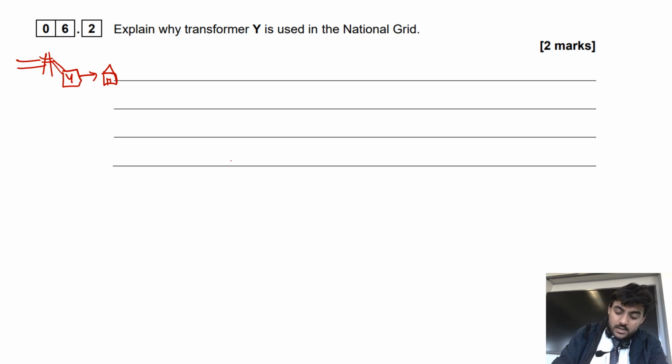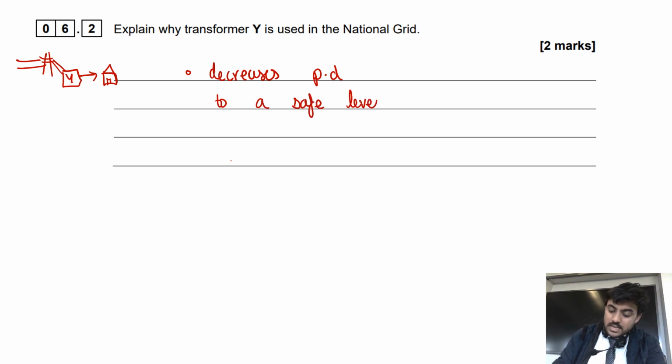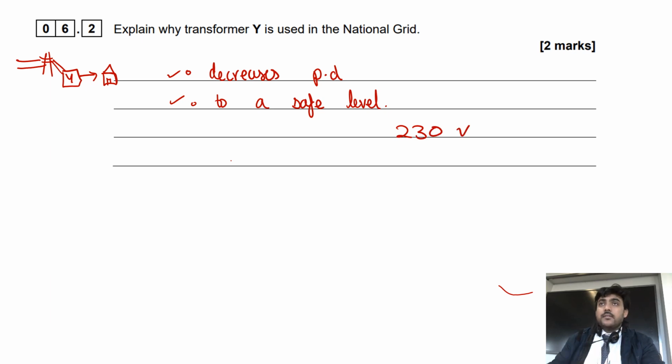So transformer Y decreases potential difference to a safe level or a safer value. Those 2 things get you the mark. If it was to a house, then the safe value is 230 volts. But if it was to a company or an industry, they will need more voltage, so they'll get more, like around 20,000, 40,000 volts.